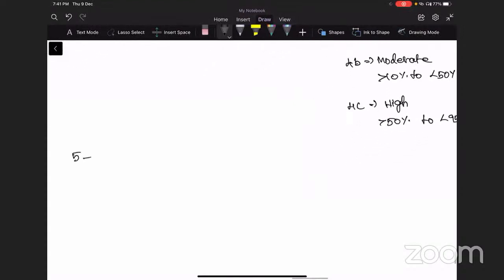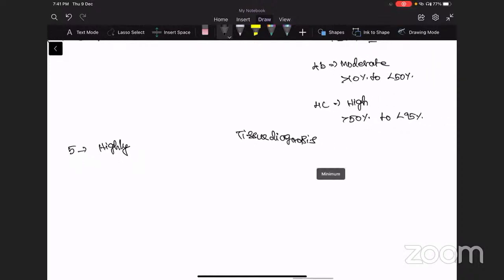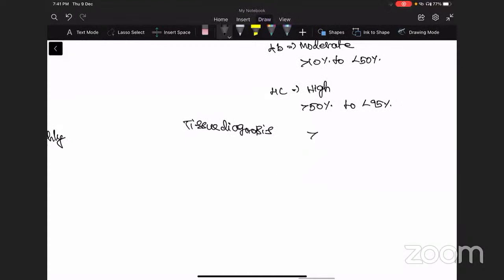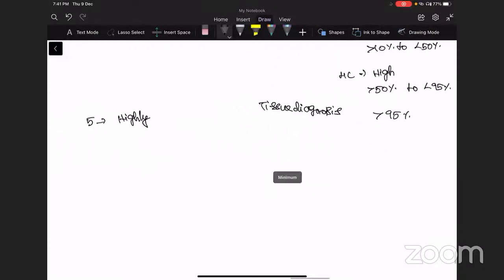Category 5 is highly suggestive of malignancy. The next step is going to be tissue diagnosis, and that is a chance for more than 95% malignant.